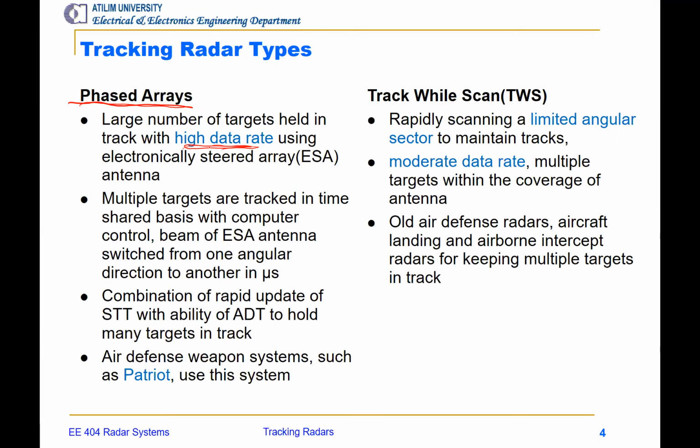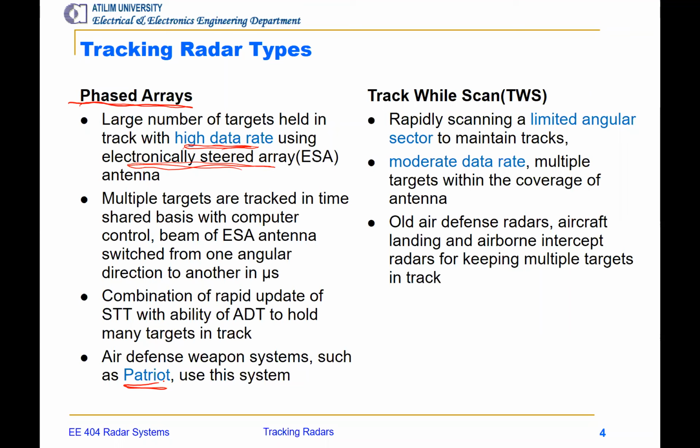The idea here is about electronically steered arrays, which is a complicated system. So it generates beams in very short times and tracks multiple targets simultaneously. Air defense weapon systems such as Patriot, most of the modern air defense systems use such a phased array tracker.